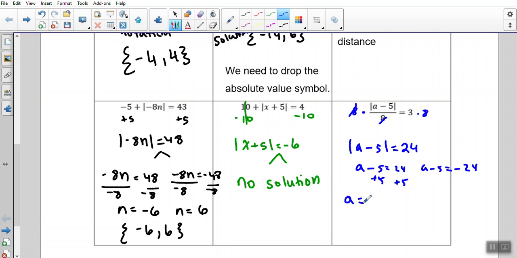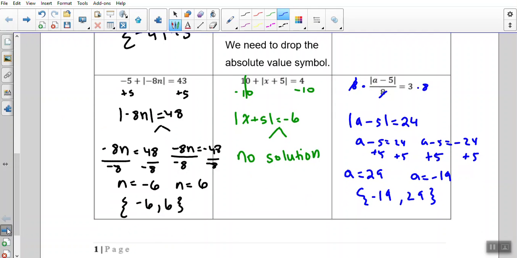So you have a equals 29, and then a equals negative 19. Okay, and then we're going to just write this in set notation, negative 19 and then 29.